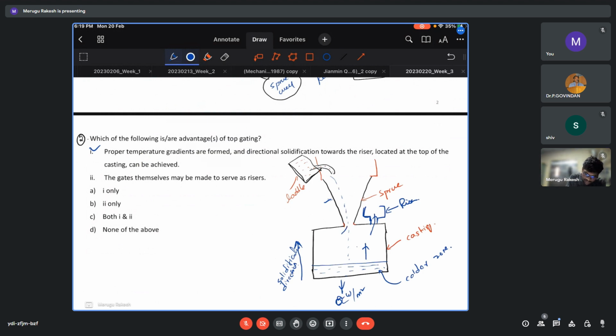This is one gate, and there might be several gates. So both options in this problem are correct.